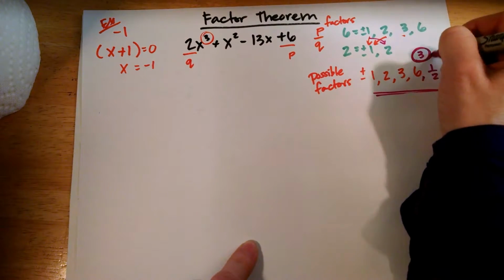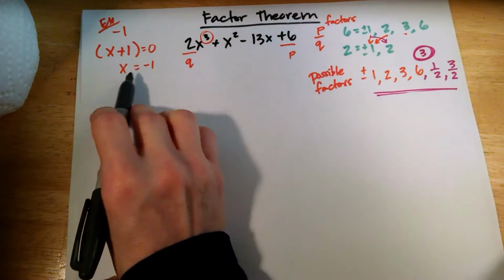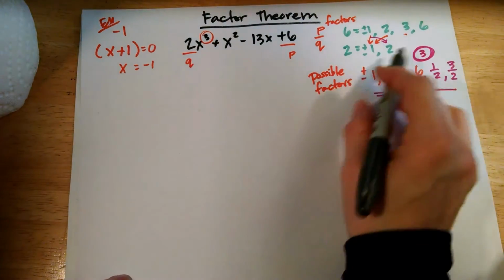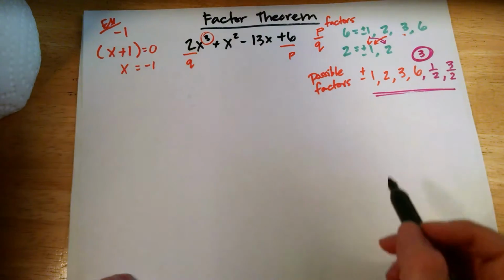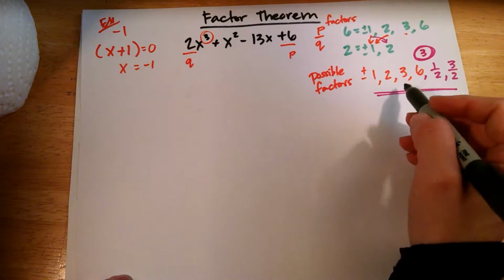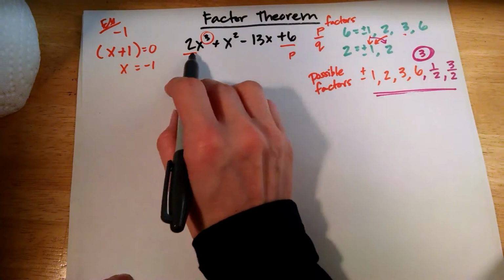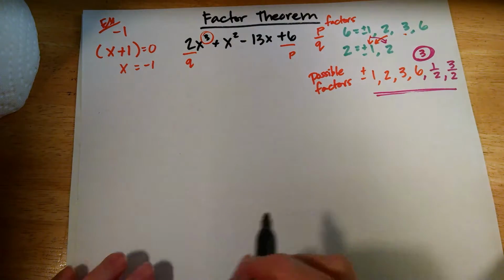Looking for 3. Okay, so the factor theorem gives us a bit of a shortcut on how to check these things out. So these are the possible x values. Remember I said x equals that number, and then if it works, we'll put it back into a binomial form. So if x equals one of these terms, I can substitute these values into the x value in our original equation.